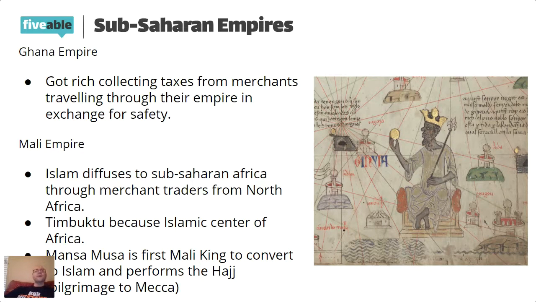And so if the routes are not safe, why would you spend $10,000 loading up a caravan and trying to trade 500 miles away from your house so you can make a profit if you're going to die or you're going to get robbed? So with these powerful empires during these different phases that I shared with you, they made those roads safe and they made them profitable for merchants. I hope that was able to answer that.